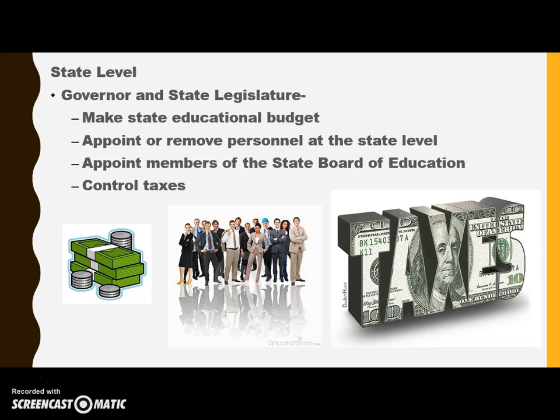They appoint members of the State Board of Education, and at the state level the taxes are also controlled, so that the money is controlled as to what school systems it is sent to and how it's sent to those different school systems, and what level of a cut of the taxes each system gets based upon maybe school size or school enrollment or the number of schools within a school system.